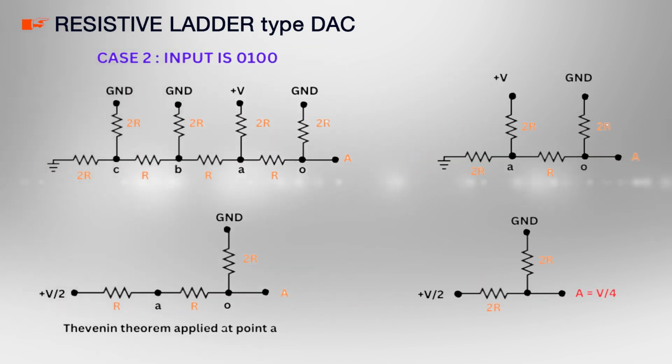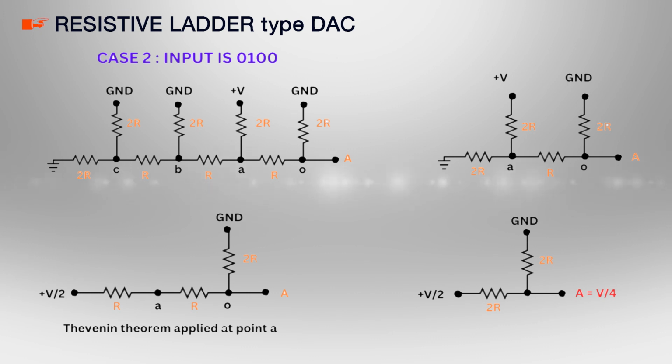Now, let us see case 2, when the digital input is 0 1 0 0, that is the second MSB is high and other bits are low. Look at the leftmost part of the circuit and solve it in the same way as earlier until you reach point A, as shown in the top right corner circuit. Now, the circuit cannot be solved using the same method, since voltage V is connected at one terminal.